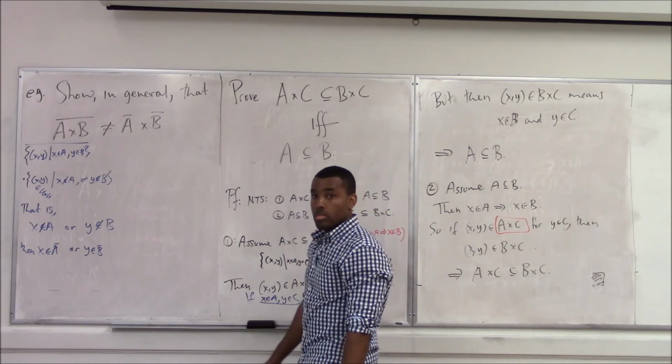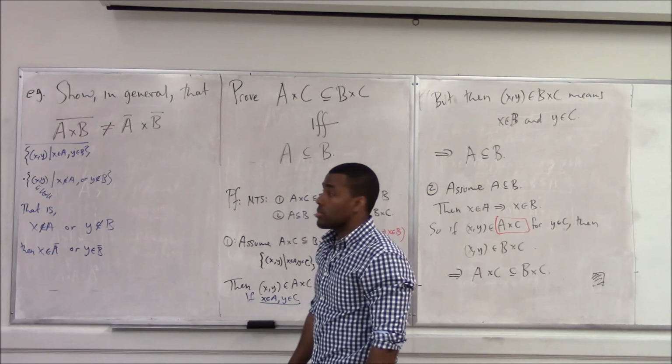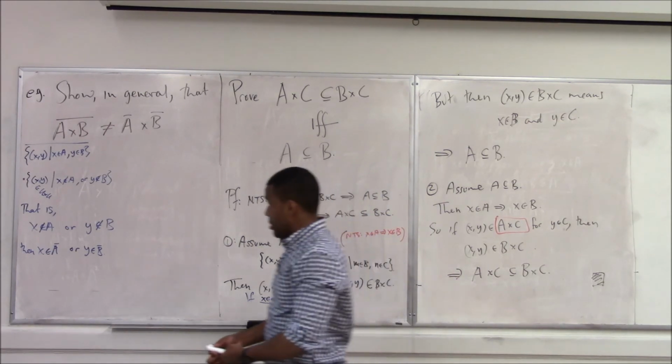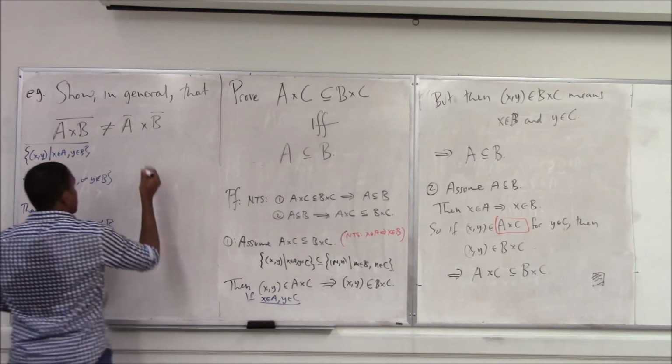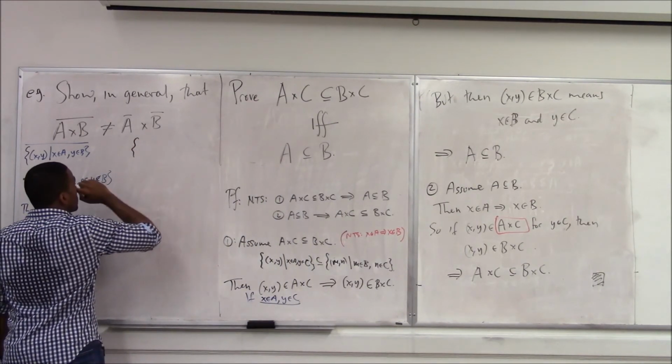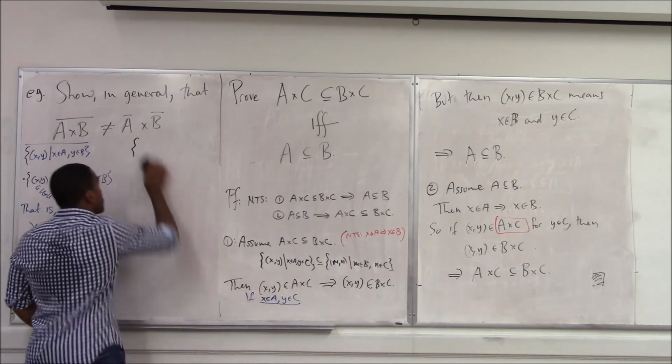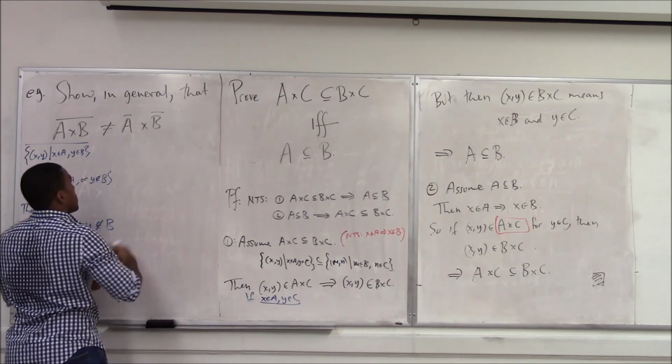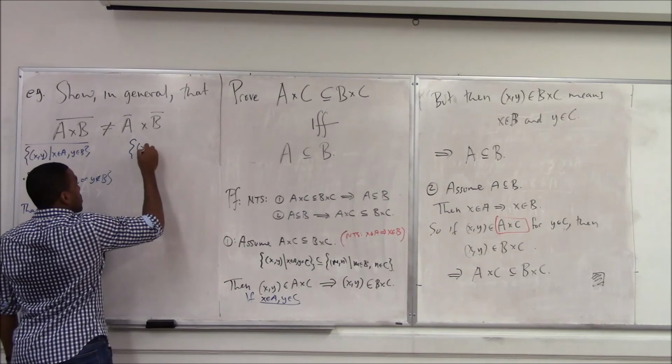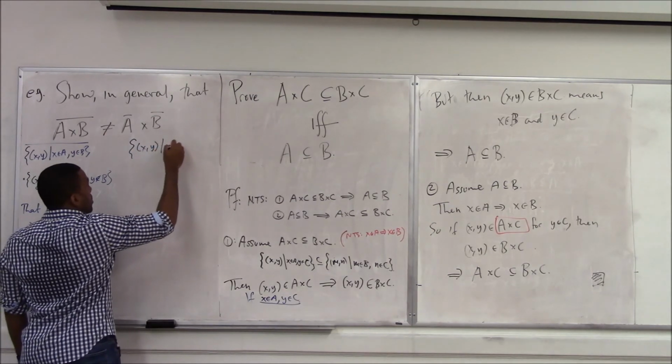Can you first write out the right hand side, just to get a visual comparison? What would the right hand side look like? It's just the same thing: the set of coordinates x, y such that x is not in A and y is not in B.